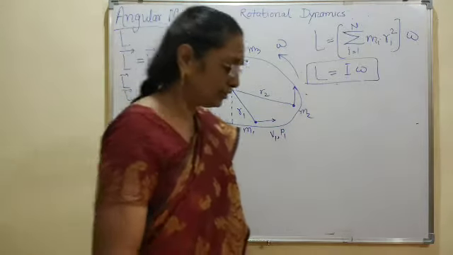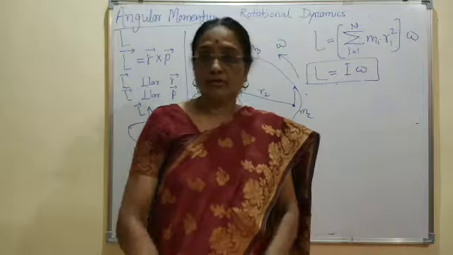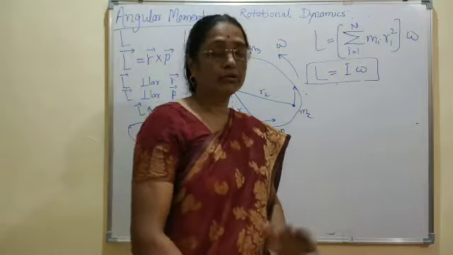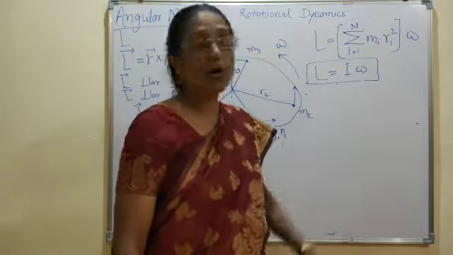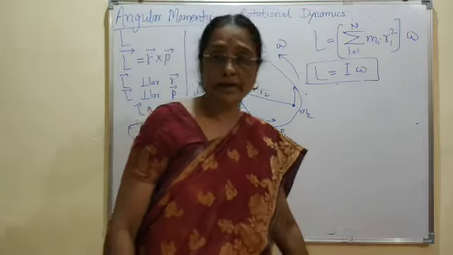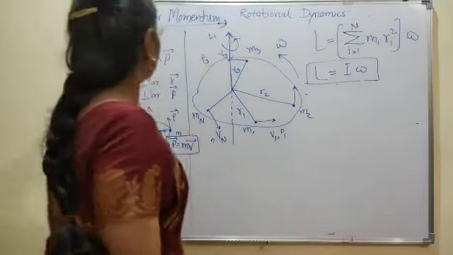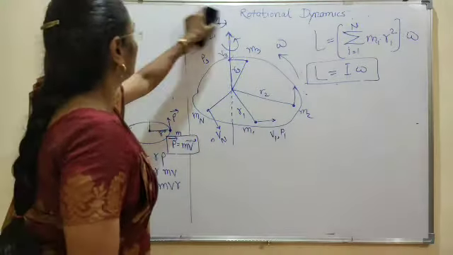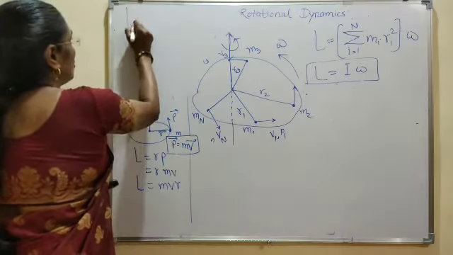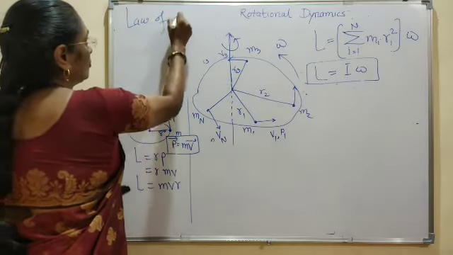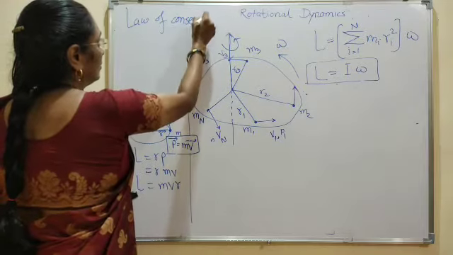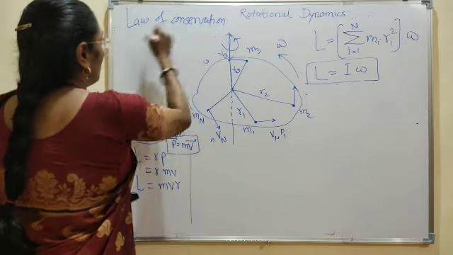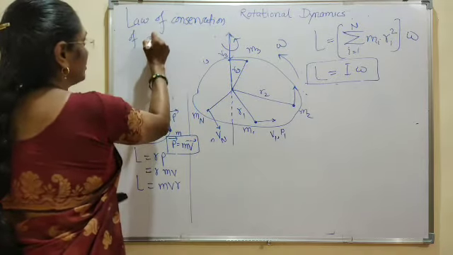Now, like the law of conservation of linear momentum, here also there is a law of conservation of angular momentum. So that we study here, the law of conservation of angular momentum.